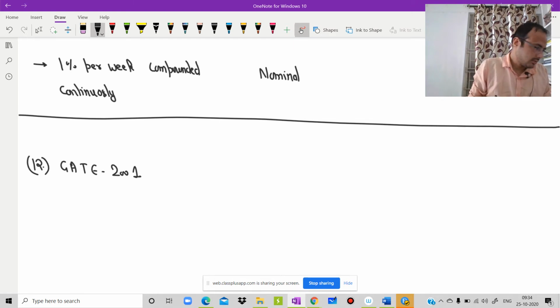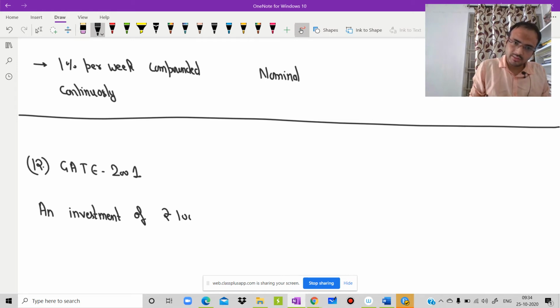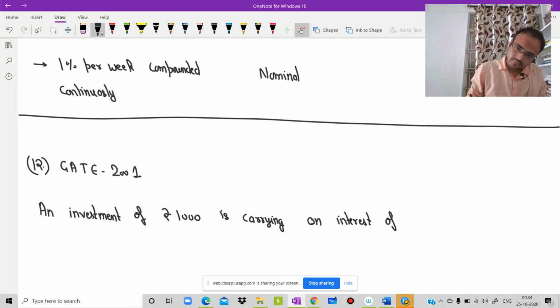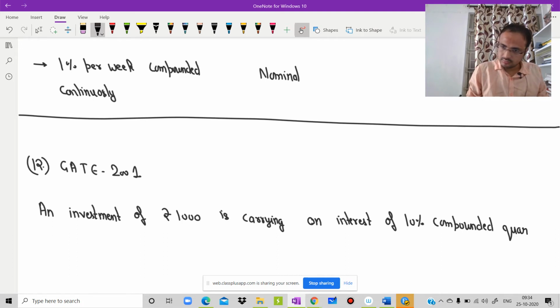An investment of rupees 1000 is carrying interest of 10% compounded quarterly.